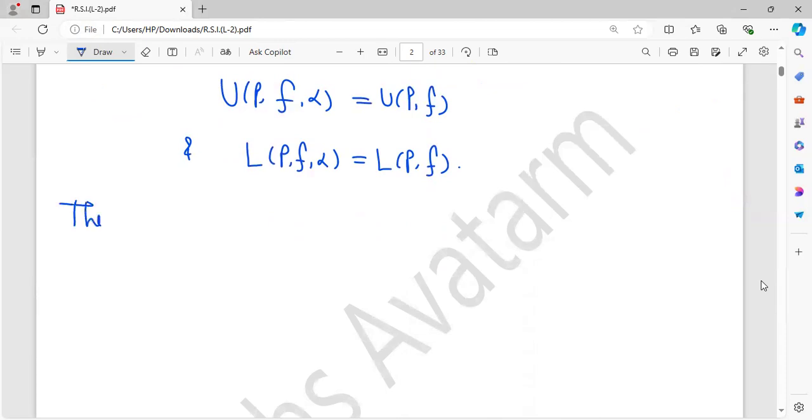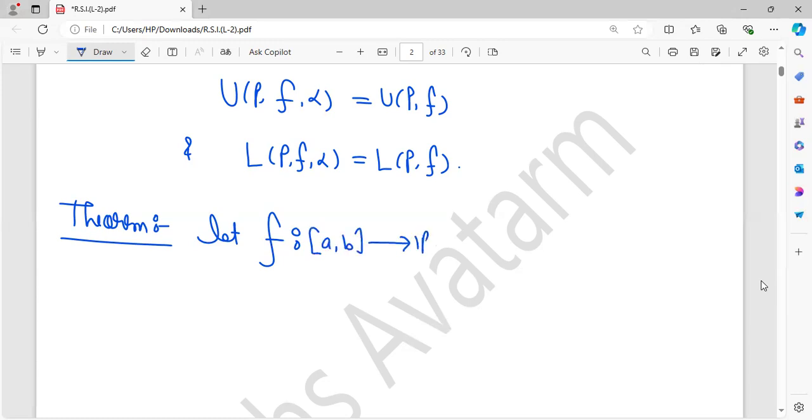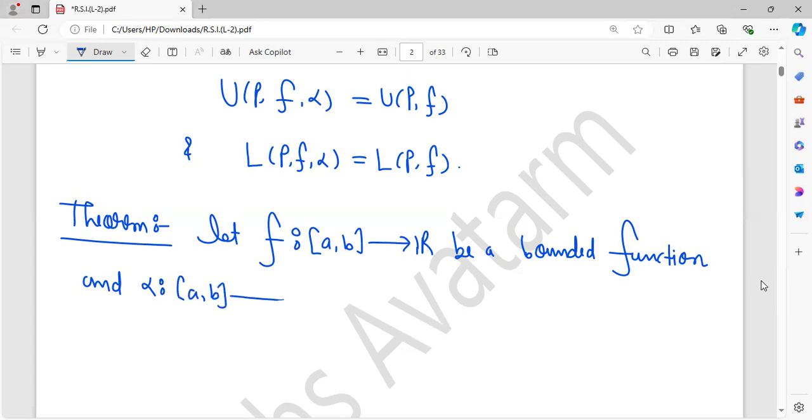You can say theorem. Let f: [a, b] → R be a bounded function and α: [a, b] → R be a monotonically increasing function.